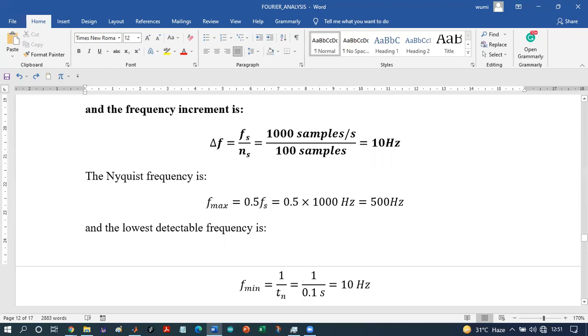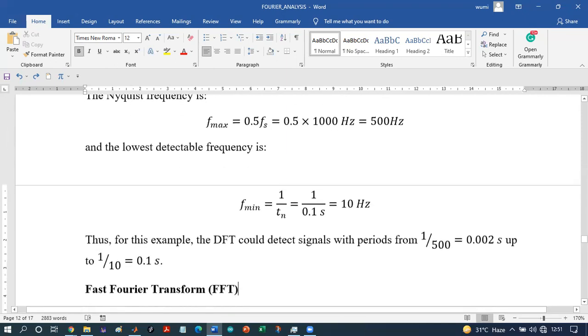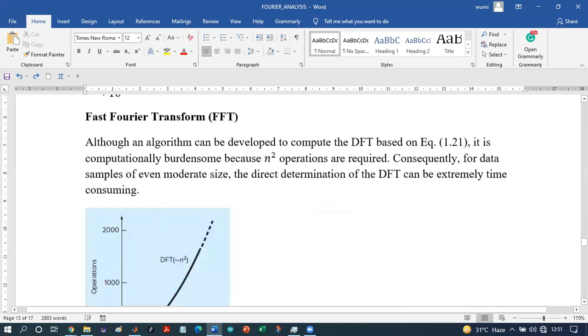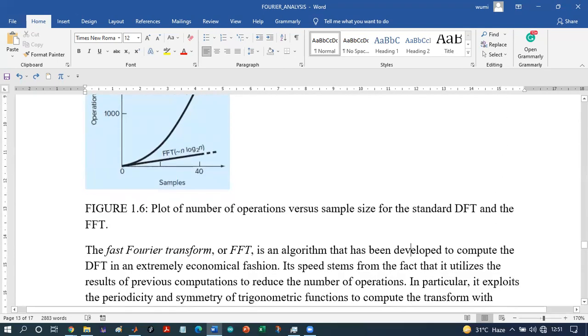Then the lowest detectable frequency, which is f min, is just the inverse of the total sample length. So the Nyquist frequency is half of the sampling frequency, and the lowest detectable frequency is the inverse of the sample length. So that's how to calculate these different measures.